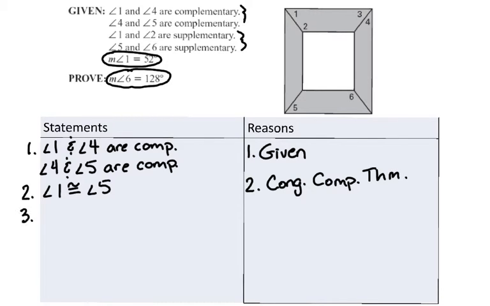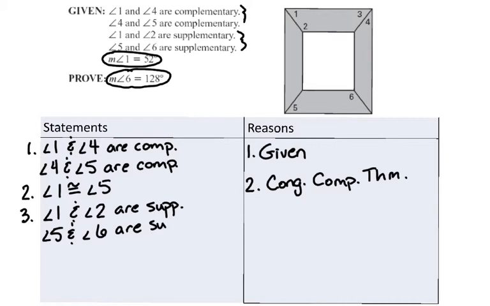Alright, so step 3, we are going to use this given information, that angle 1 and angle 2 are supplementary and angle 5 and angle 6 are supplementary. That's just the rest of our given information.